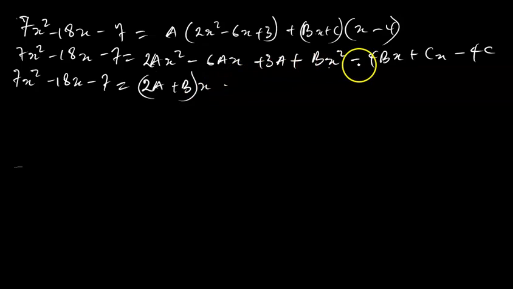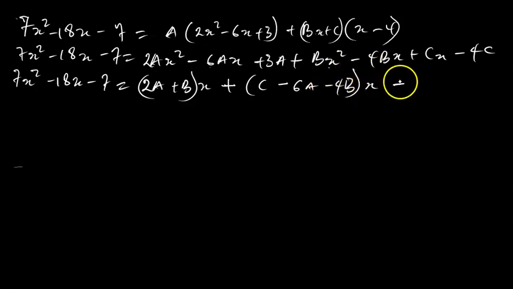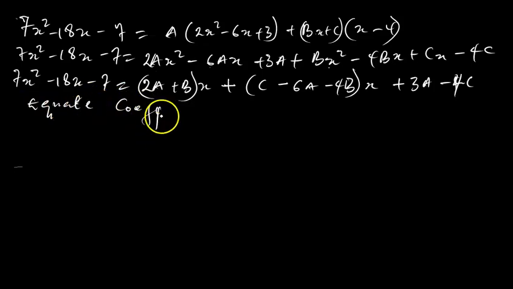Now plus, I have c minus 6a minus 4b, that's into x, plus I have 3a minus 4c. So that now we can equate coefficients.